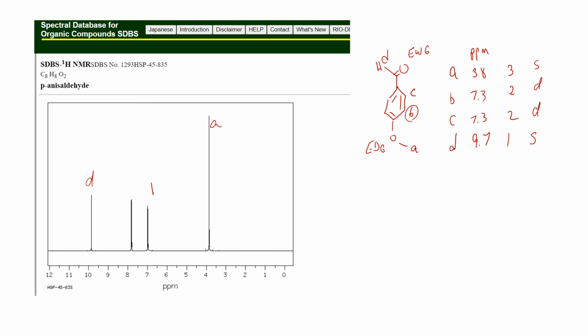So more shielded is farther to the right, and C would be less shielded, so it would be to the left. Okay, so that's the analysis of that. If you see an extra methoxy and these peaks present on your spectrum, then maybe you've got this as an extra impurity.